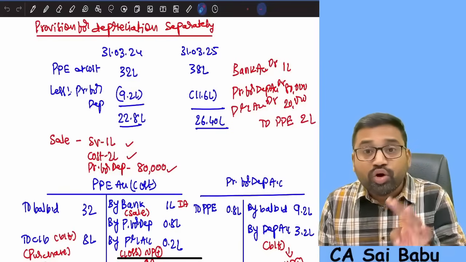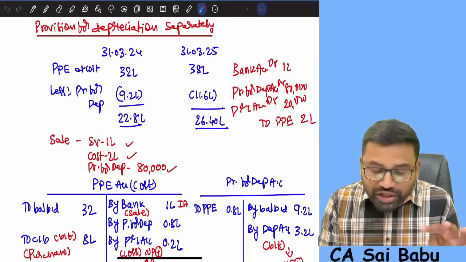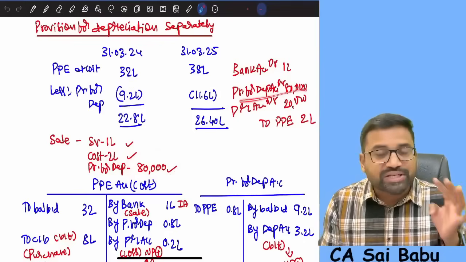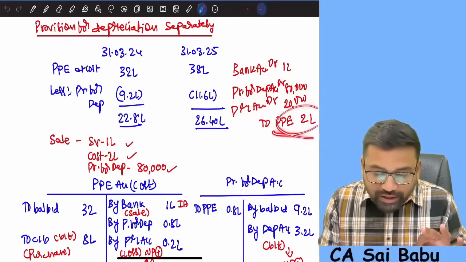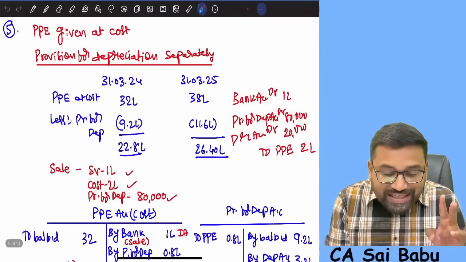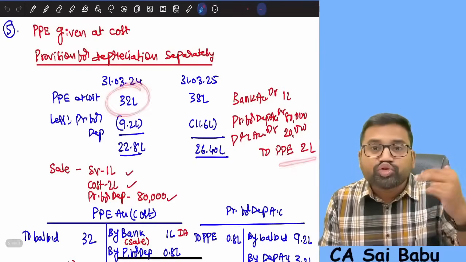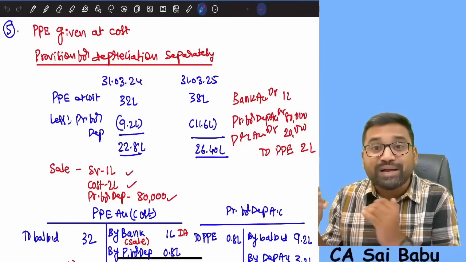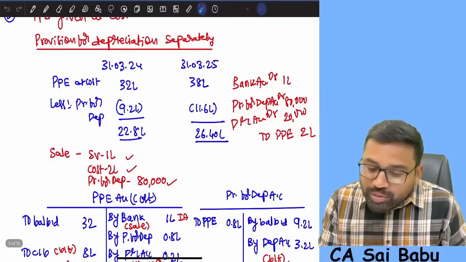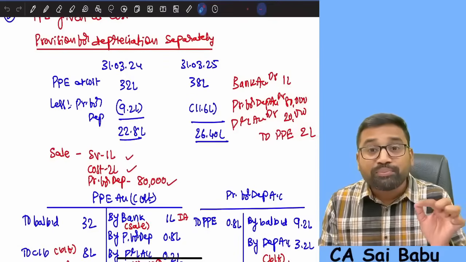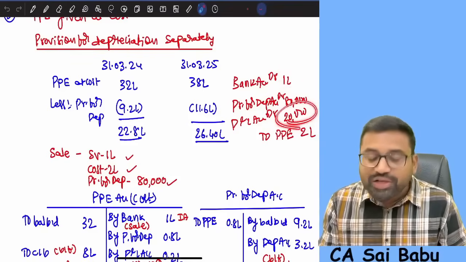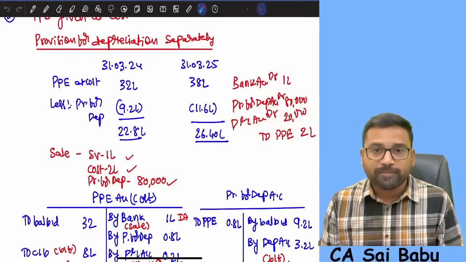And when I sold a part of PPE, I need to cancel the provision for depreciation relating to it. So provision for depreciation 80,000. To PPE, what is the cost of PPE? 2 lakhs. Sir, when you are maintaining the asset at cost, whenever you sell the asset, reduce the asset balance by its cost, 2 lakhs. Accumulated depreciation 80,000. That means 1.2 lakhs is the WDV, and you are selling at 1 lakh. Therefore, what is the loss? 20,000, which is debited to the P&L account.